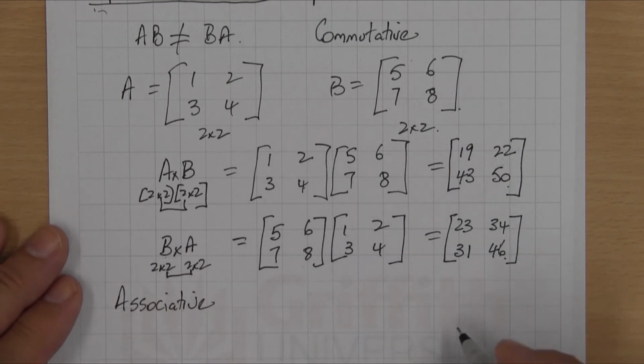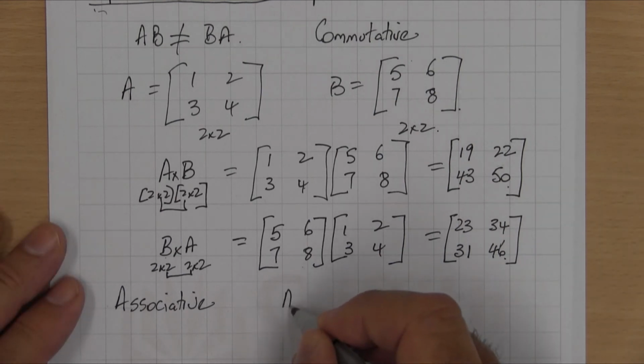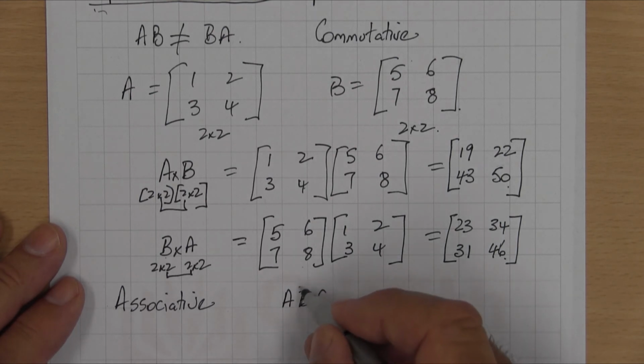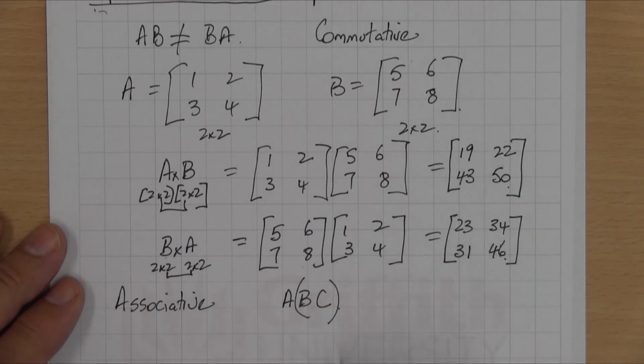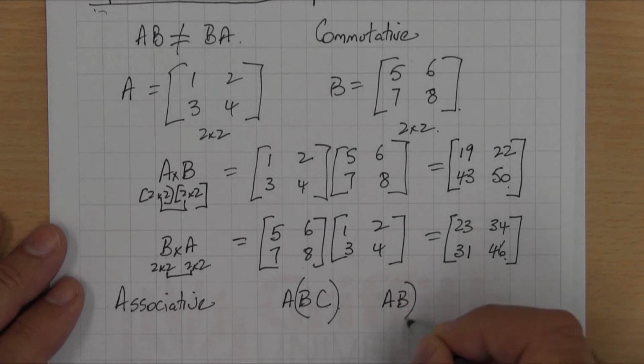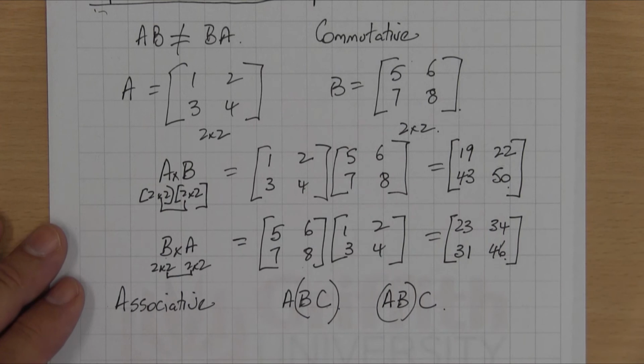If we had 3 or more matrices, A, B, C, which one do you do first? If it was written like that, we would actually multiply B times C first, and then we would put A at the front and multiply A times the result of B times C. Now, as long as you keep the order, it does not matter which one you do first.